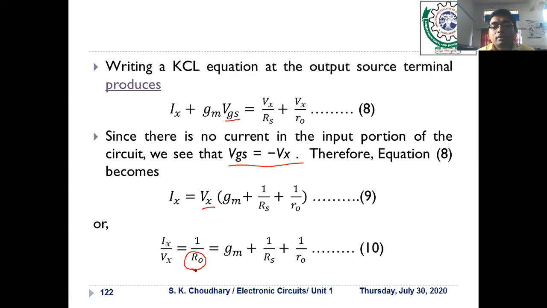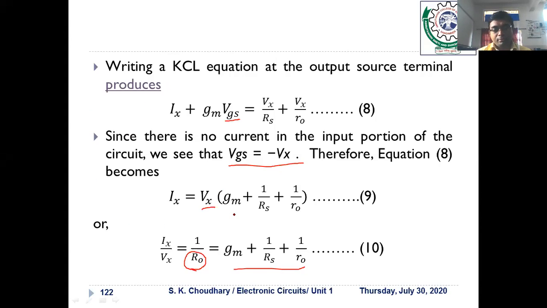Is it a series combination or a parallel combination of these three terms? Can anyone answer? Okay.